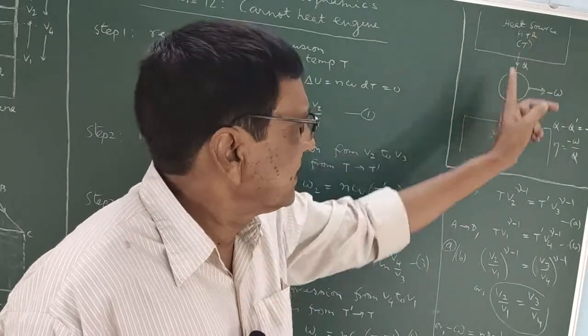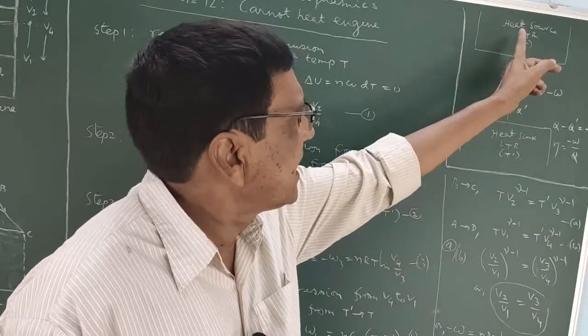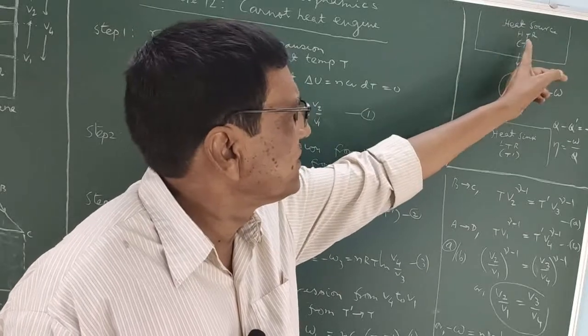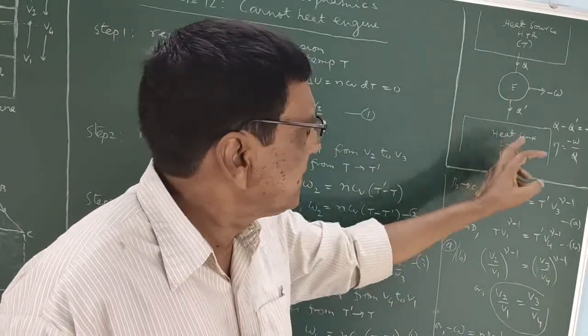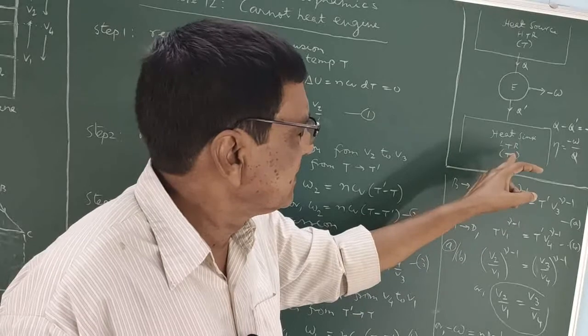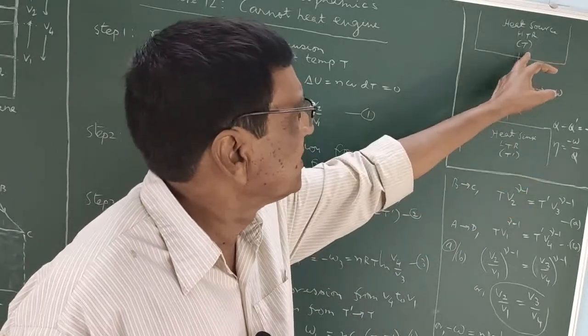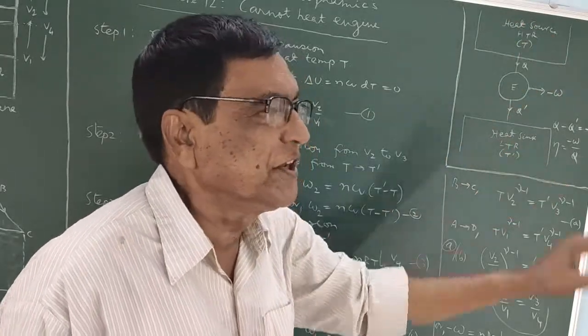One is the H tier and the other is the L tier. It is the high temperature reservoir having the temperature T, and this is the lower temperature reservoir, at temperature T dash. It is also called the heat source, and the other is called the heat sink.